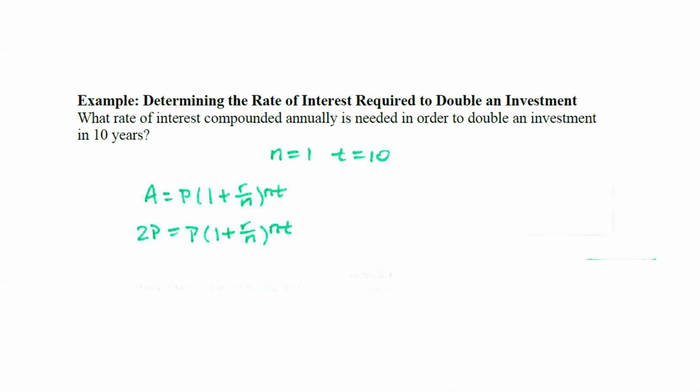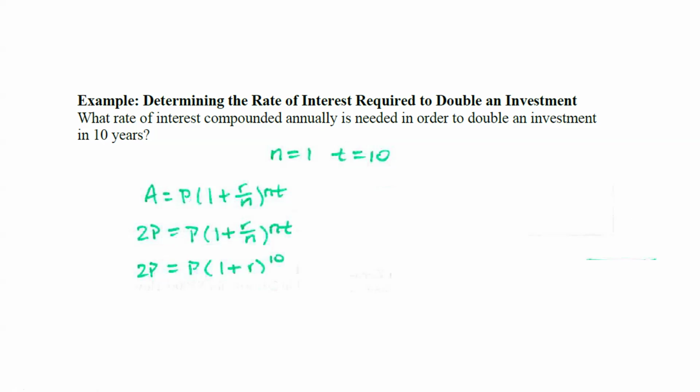We also know our n and our t, so we can substitute that in. Our n is 1 and our t is 10. That would make our fraction just r, and n times t would be 1 times 10, which is just 10.